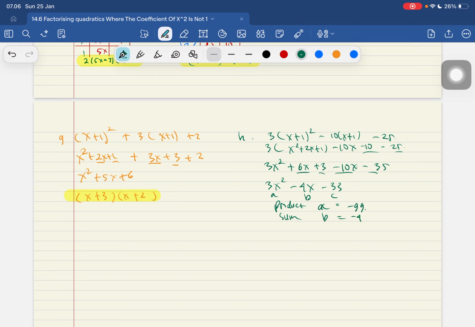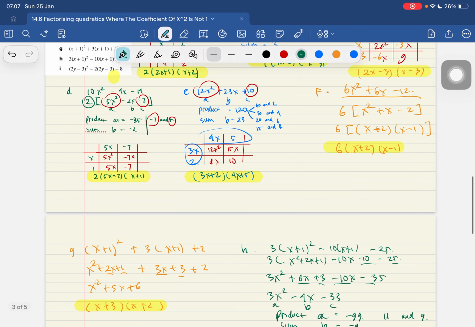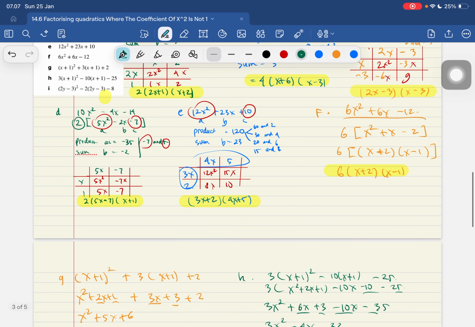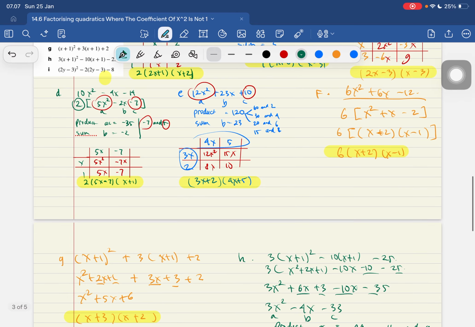Okay, let us find the number to make it 99. Let's try 11 and 9. So let's double check again. So x plus 1 squared is going to be x squared plus 2x plus 1, and here minus 10x minus 10 and minus 25.